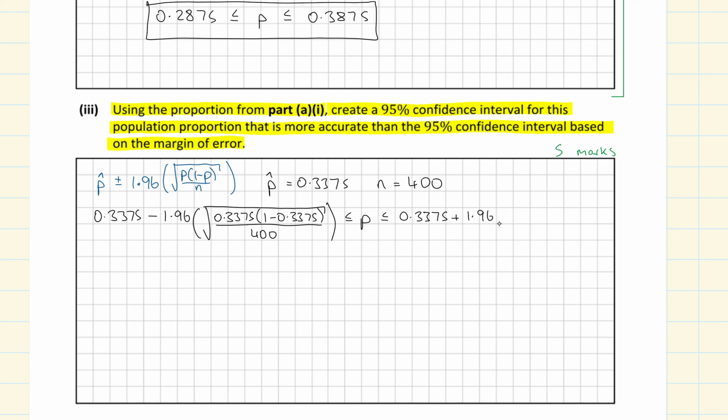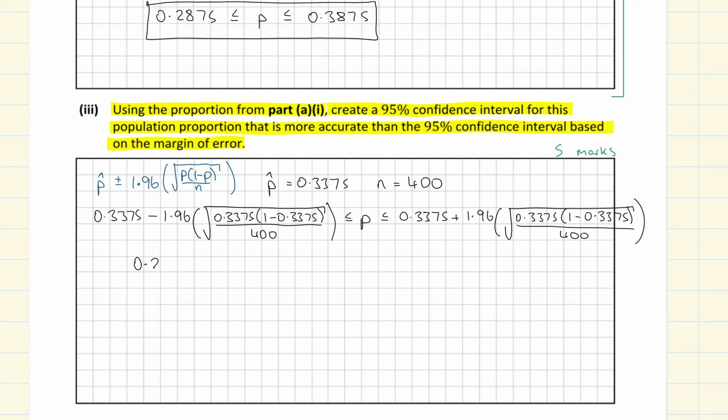So 0.3375 plus 1.96 times the root of 0.3375 times 1 minus 0.3375 all over 400. Close your bracket. Okay, into our calculator, 0.3375 minus 1.96 bracket, set up your root and then your fraction, 0.3375 times 1 minus 0.3375 all over 400. Come outside and close your bracket.